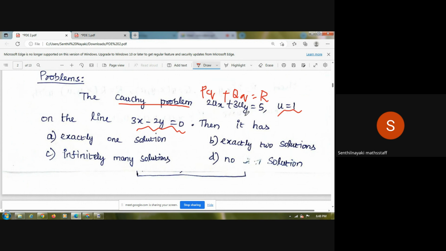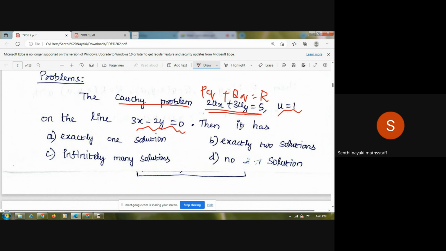So from the given conditions you can understand this is not Lagrange's, this is a Cauchy problem. In Lagrange's they give only this equation alone, but in the Cauchy problem they will give two extra equations.